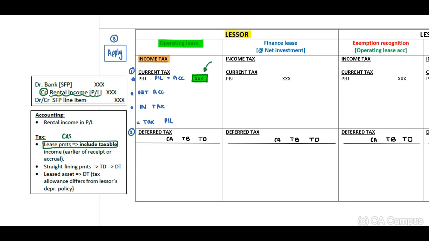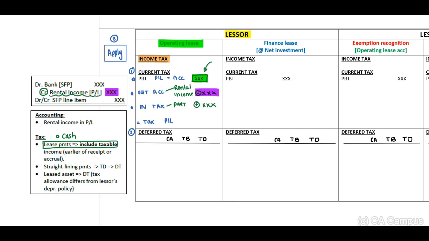Therefore, the actual cash received, I need to take out my accounting rules. Therefore, I need to take out my rental income recognized per my accounting rules. Take this out, deduct. And I need to include my actual cash payment received.